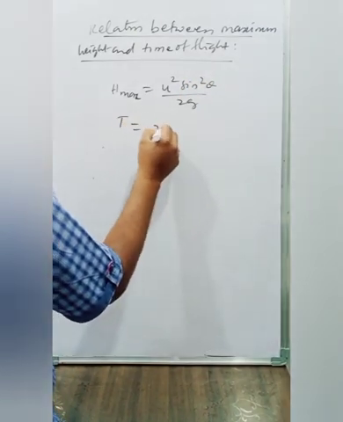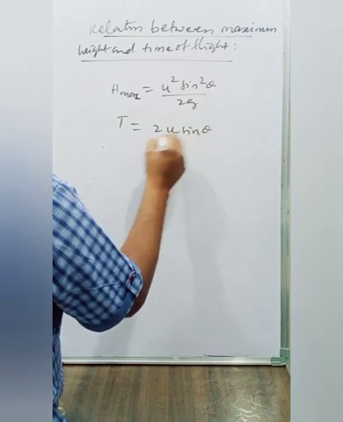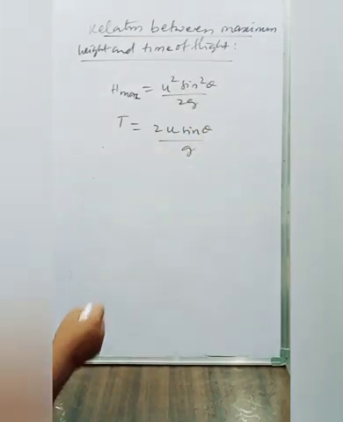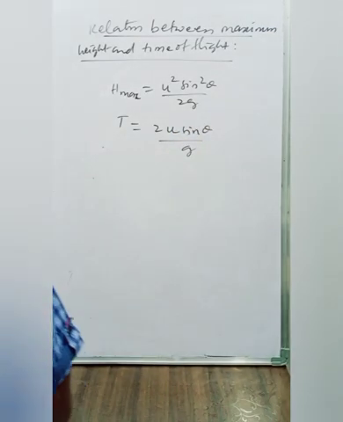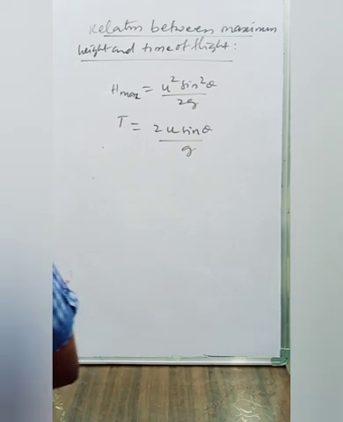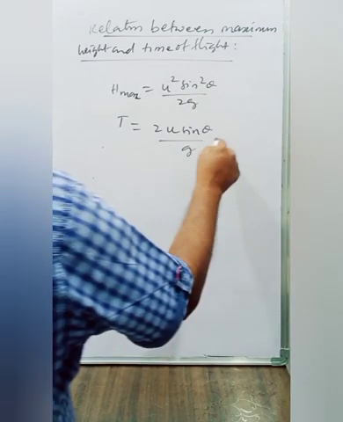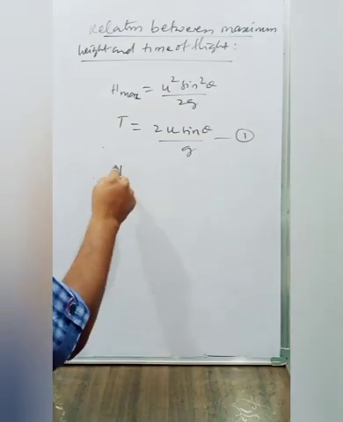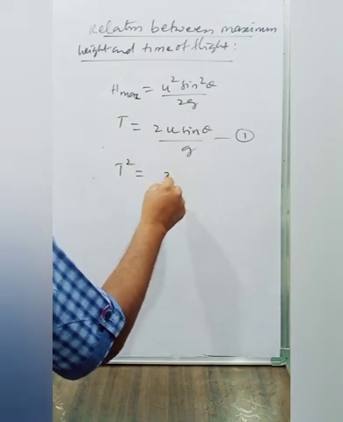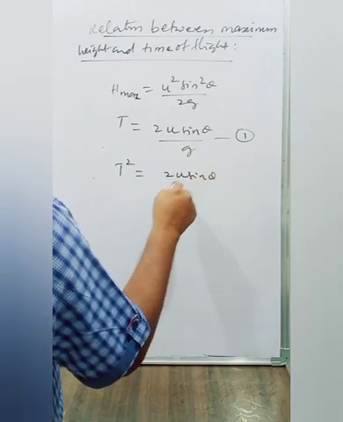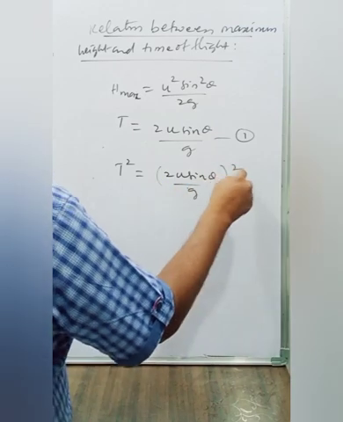Time of flight is equal to 2u sin theta by g. Therefore, to get the relation we square both sides of this equation: T square is equal to 2u sin theta by g whole square.